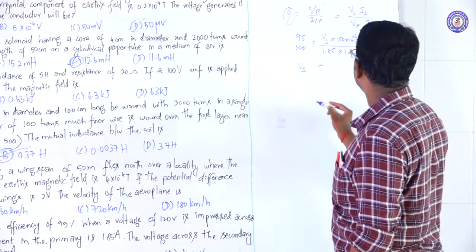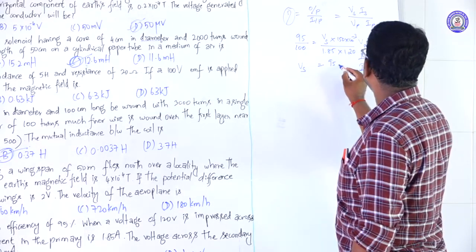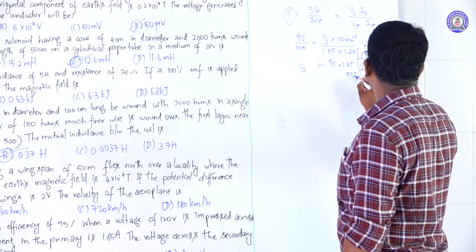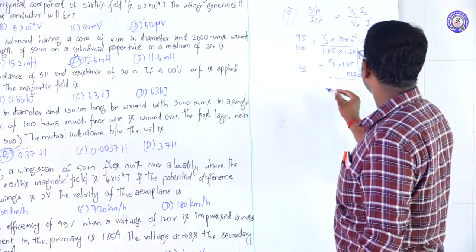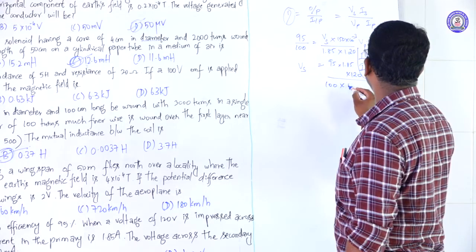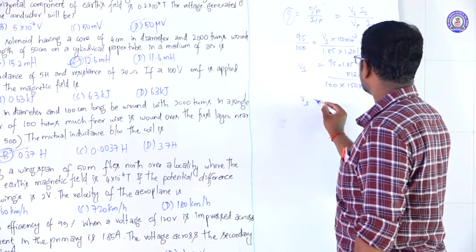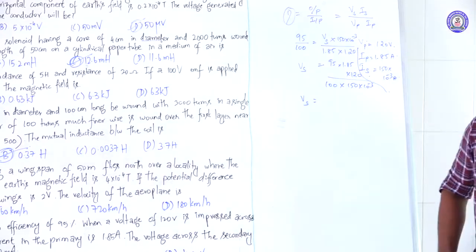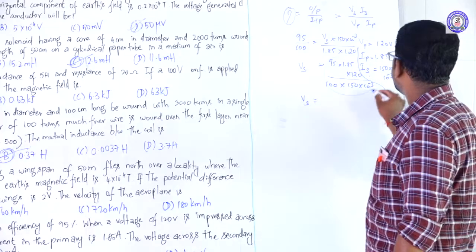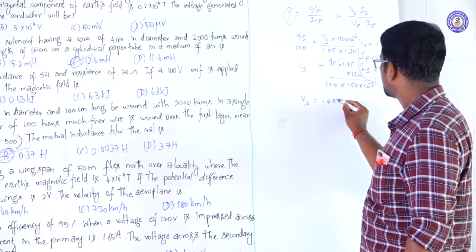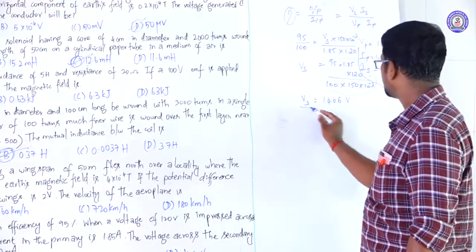Therefore, Vs is equal to 95 into 1.85 into 120 divided by 100 into 150 into 10 power minus 3. After simplifying this, we can get a Vs value of 1406 volts.